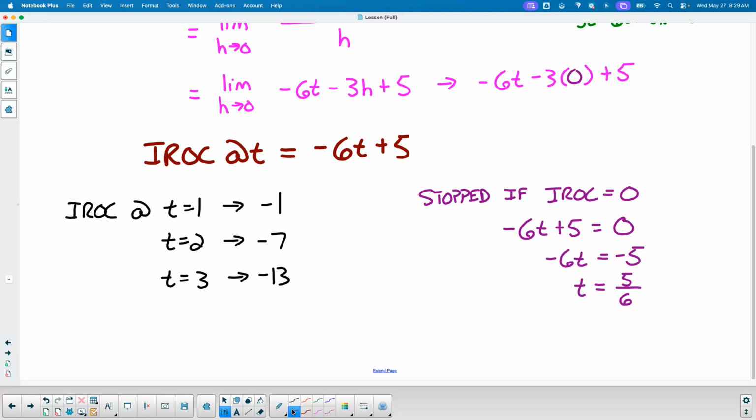Okay, we can use that now. So let's go at a t value of 1/2. What's my instantaneous rate of change for a t value of 1/2? Positive 2.